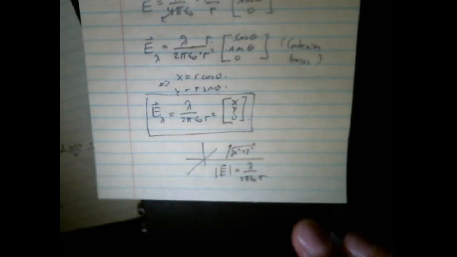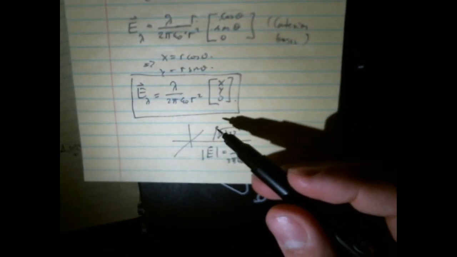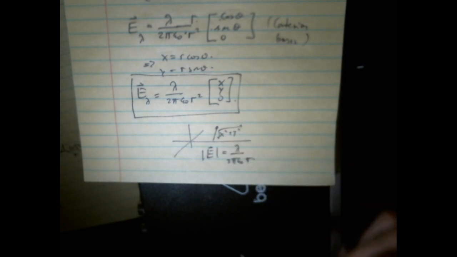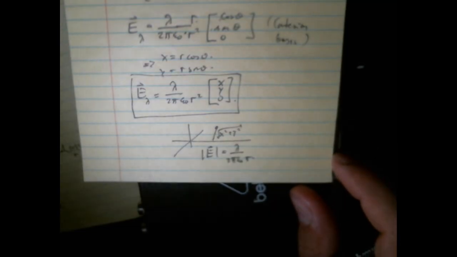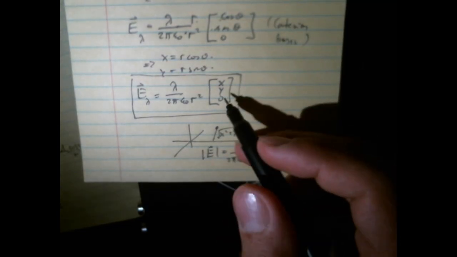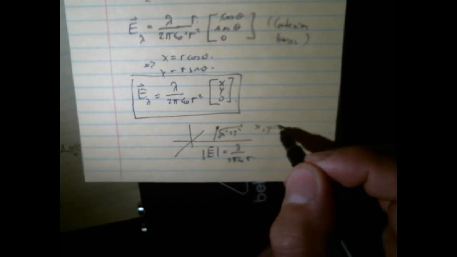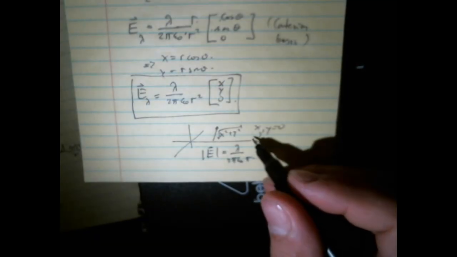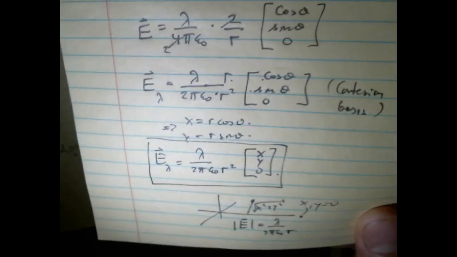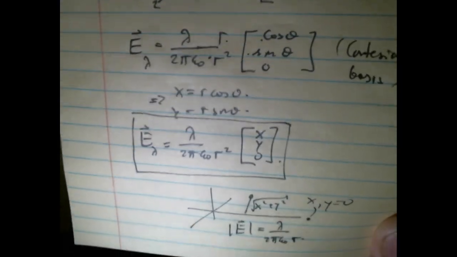So this is the magnitude in all space, where r is the distance from this line. And what's the other thing? When we set x and y equal to 0, we're actually situated on the line here, and you'll notice that this electric field diverges.